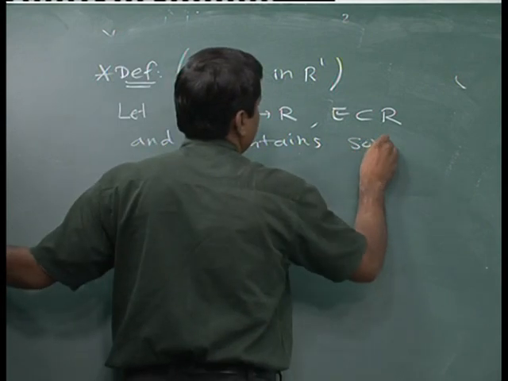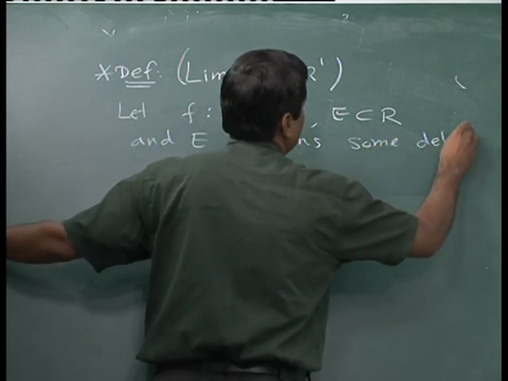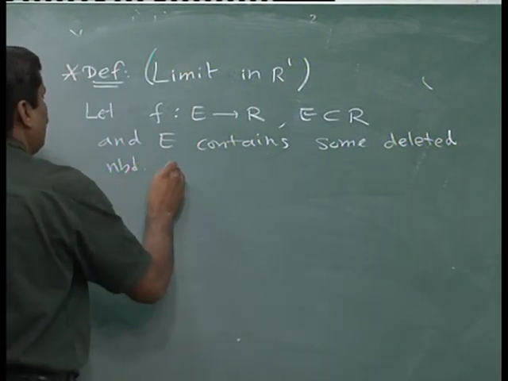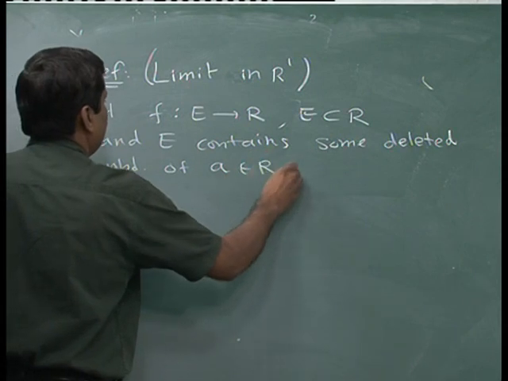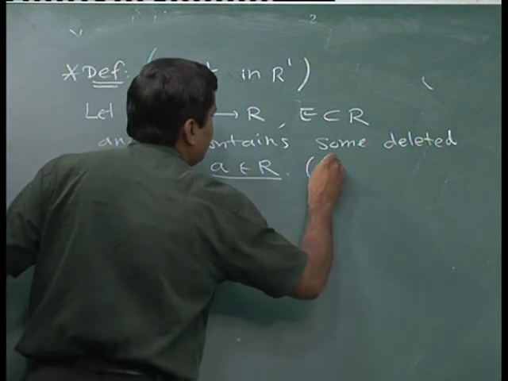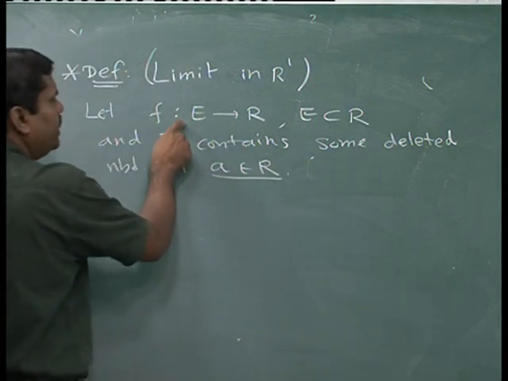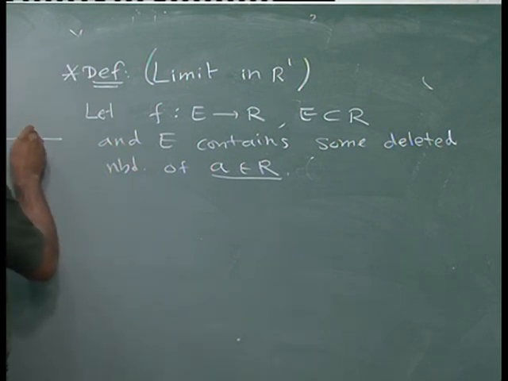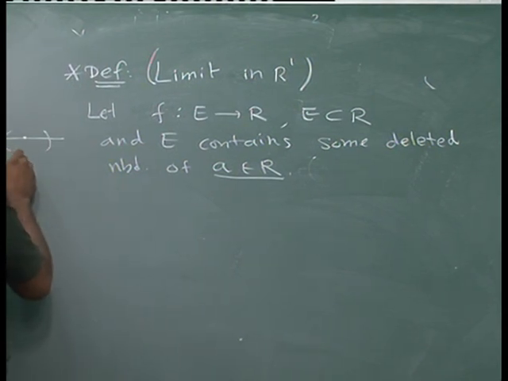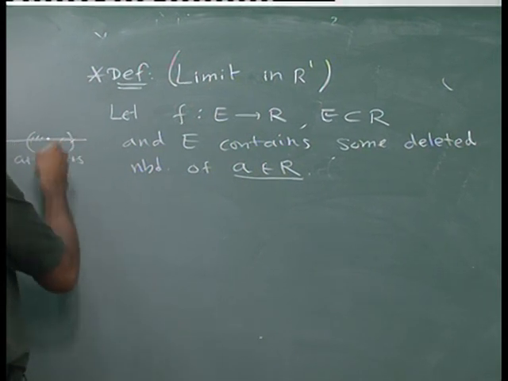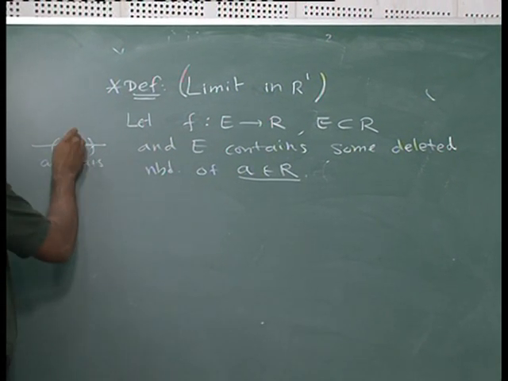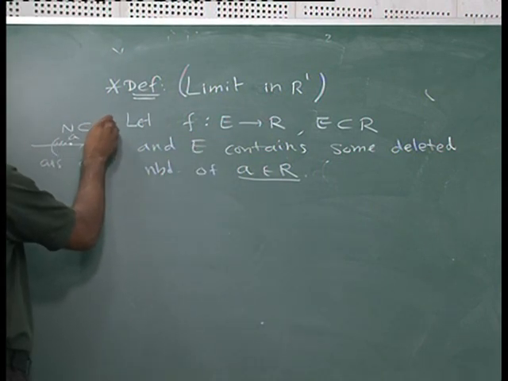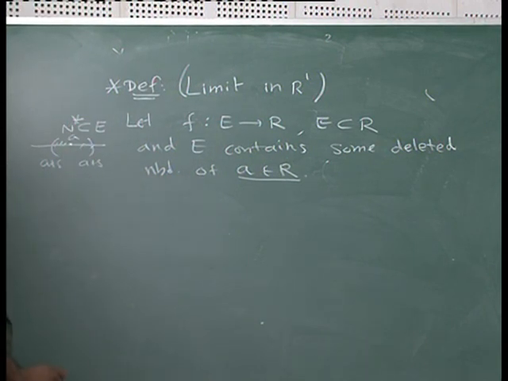some deleted neighborhood. As you know, what is deleted neighborhood? That center is removed. Some deleted neighborhood of a point A belongs to R. Remember, this A belongs to R means A need not be in E, it need not be in the domain of the function, but the points around this point, A minus delta, A plus delta, all these points which are very close to this A, they belong to E. So, we define some neighborhood N which is contained in E, actually it is a deleted neighborhood which is denoted by N star.